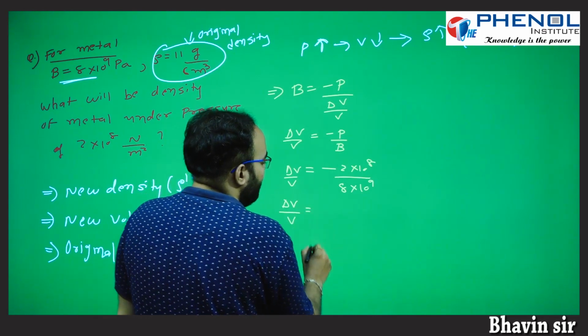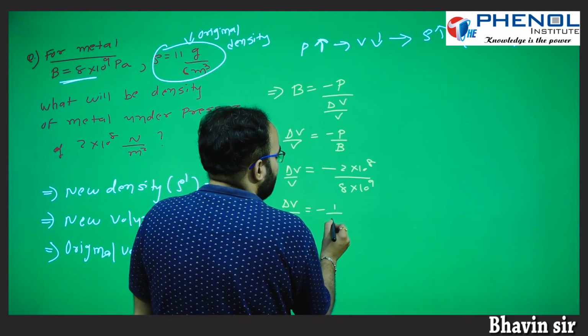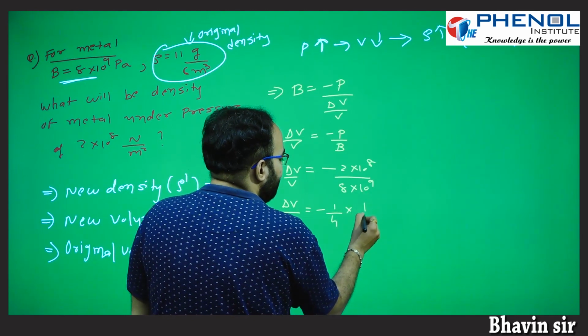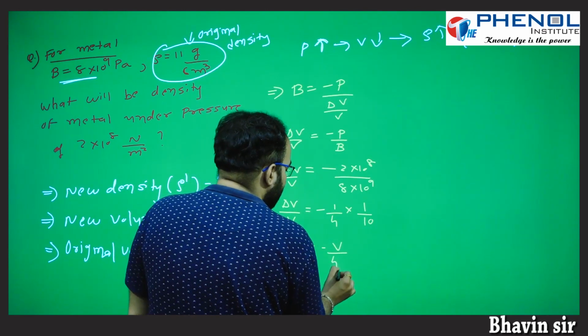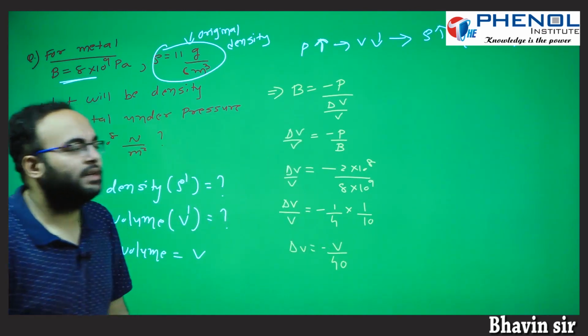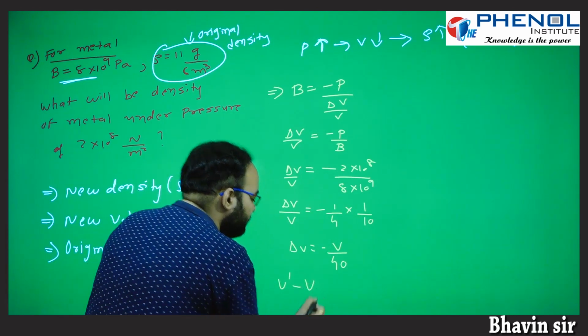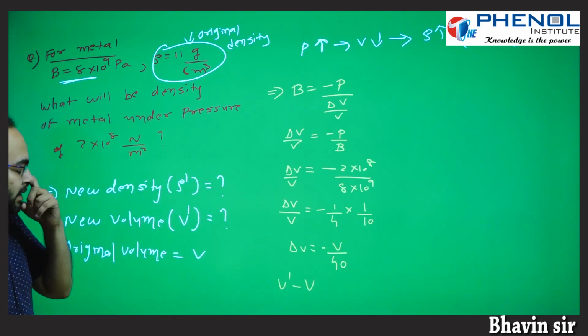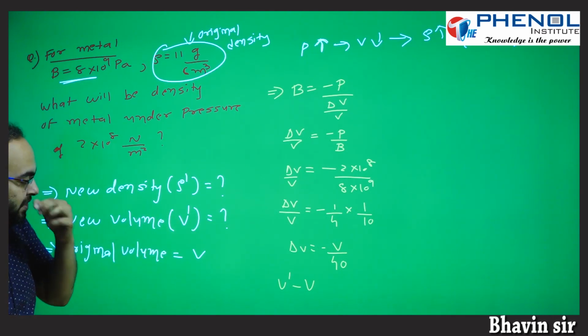So delta V by V is 1 by 40. So what is delta V? Minus V by 40. Now delta V means change in volume, so final minus initial. Final means the new volume V dash.